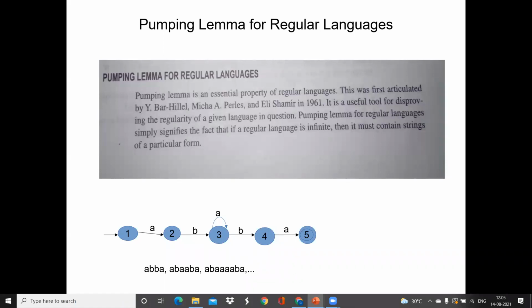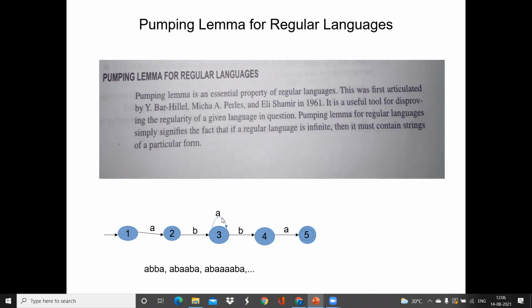Because for this path A, B, B, A, the number of symbols is 4, so we need 5 states or 5 nodes to travel. If we have 4 symbols in the string, we need 5 nodes for its traversal. So it means if we have n symbols in the string, we'll need n plus 1 nodes.